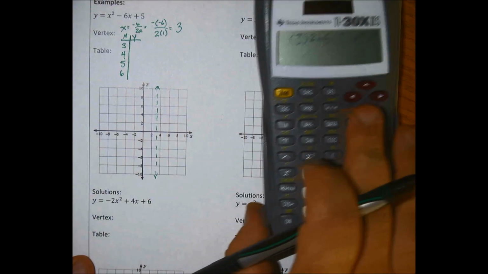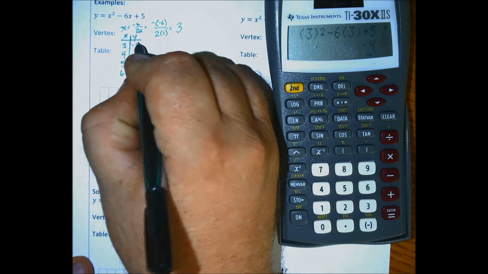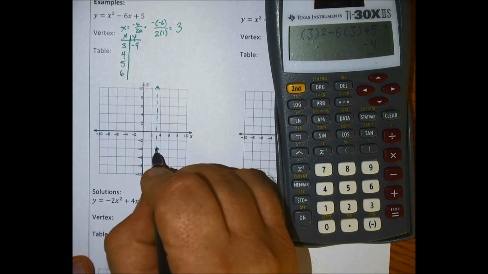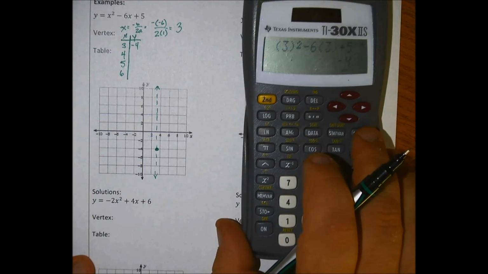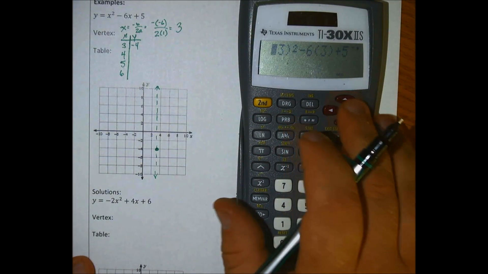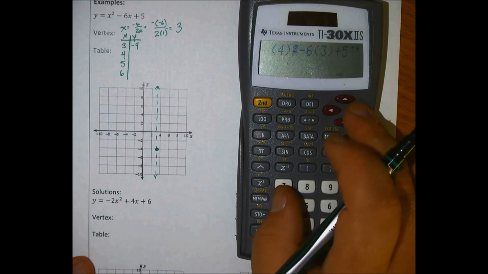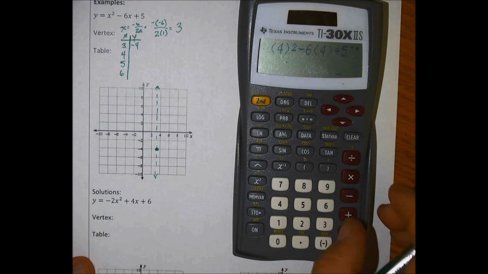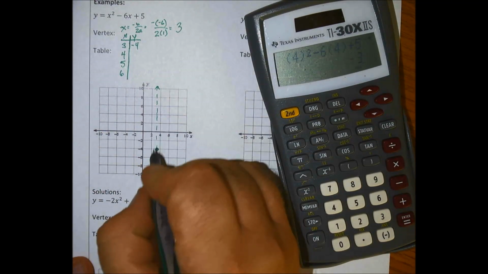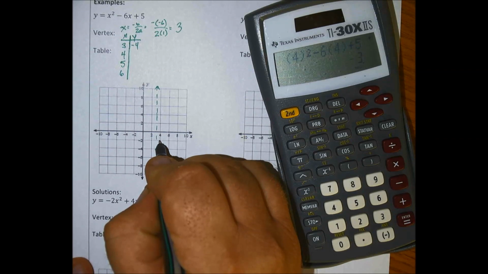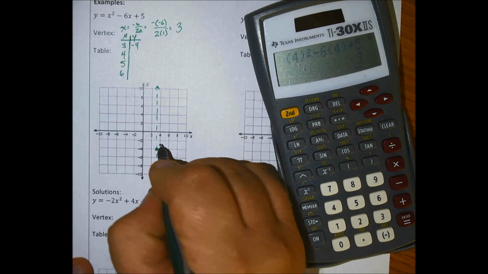So we're starting at negative 4. So negative 4, and I can put a point right there. Okay, let's plug in 4 and see what we get. So at 4 it's negative 3. That's going to be about there.